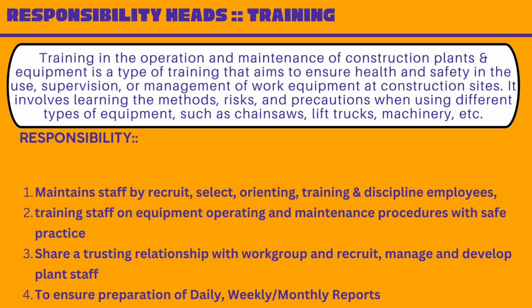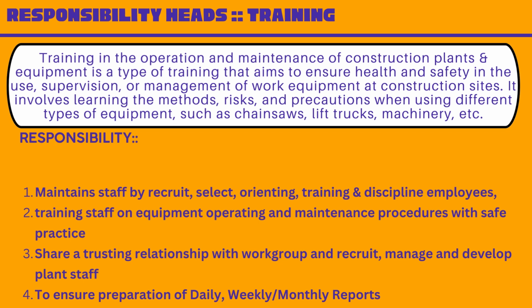16. Training. Training in operation and maintenance of construction plant and equipment is a type of training that aims to ensure health and safety in the use, supervision or management of work equipment at construction sites. It involves learning the methods, risks and precautions when using different types of equipment, such as chainsaws, lift trucks, machinery, etc. Responsibility.